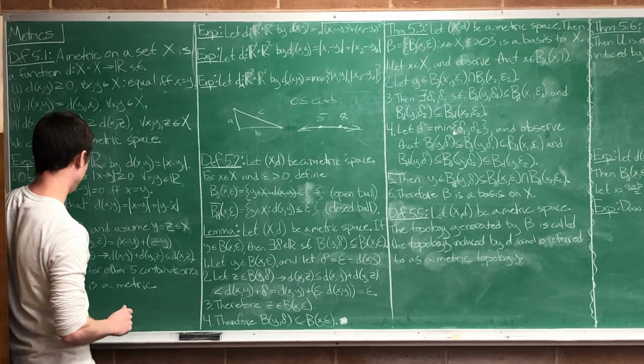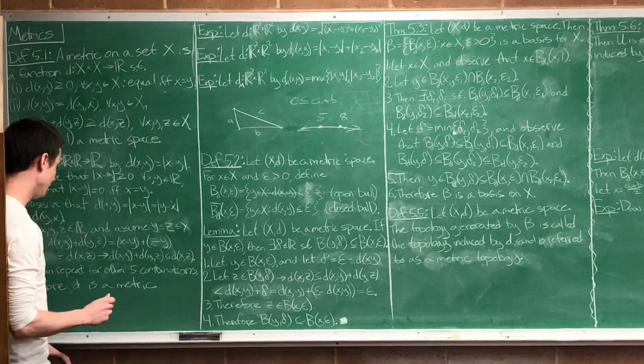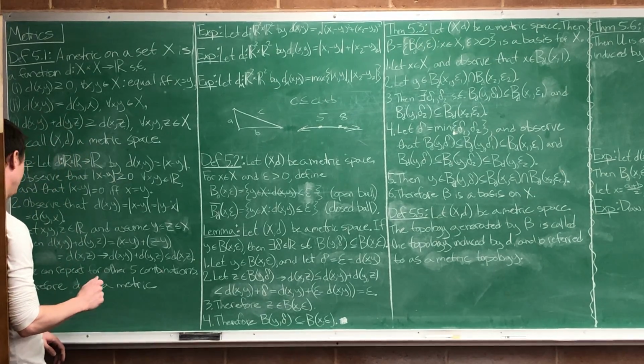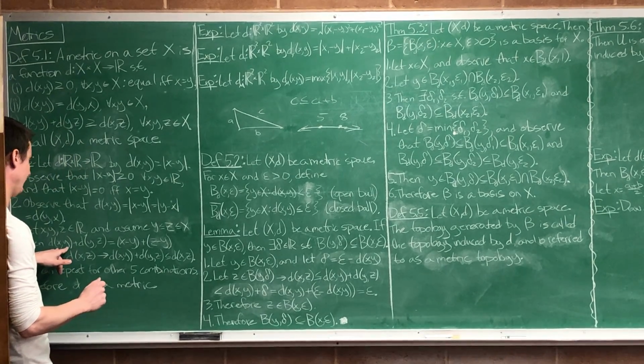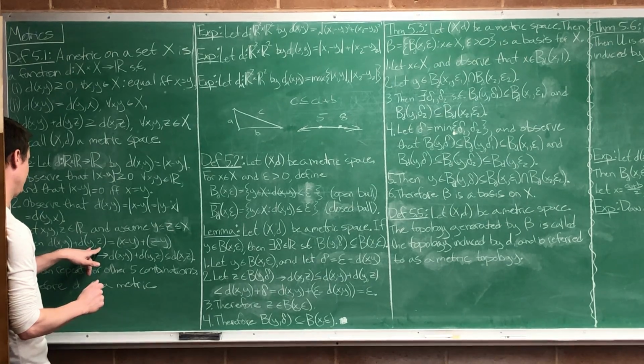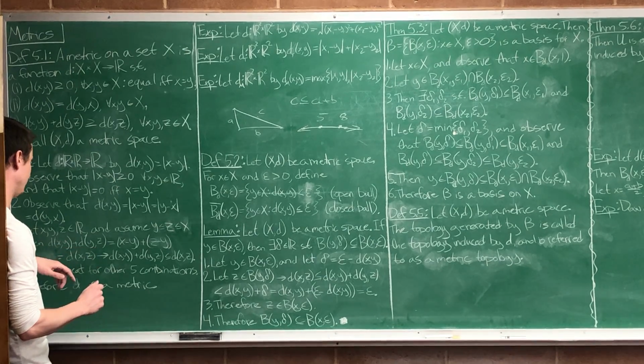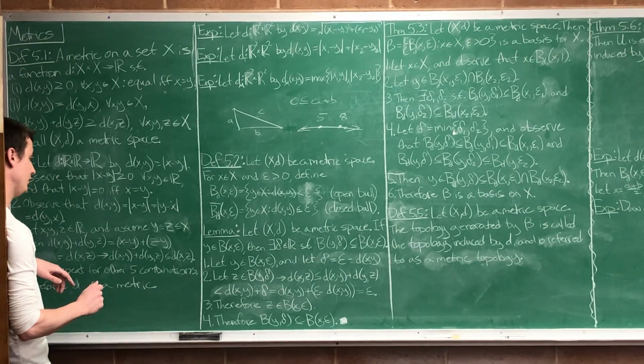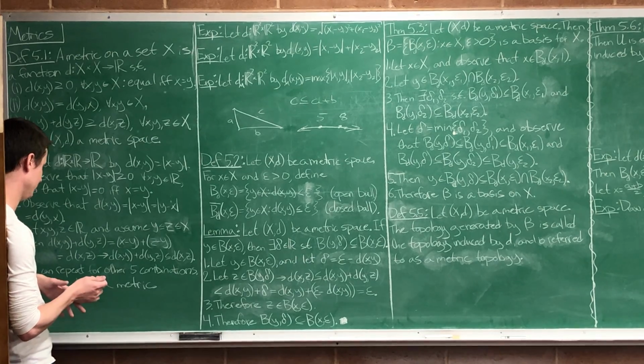Did we do that right? Distance from x to y is going to be x minus y, and distance from z to y is going to be... we did a weird one.